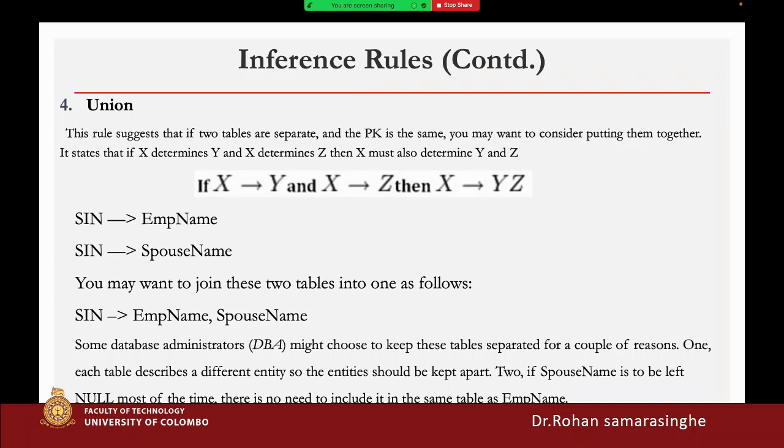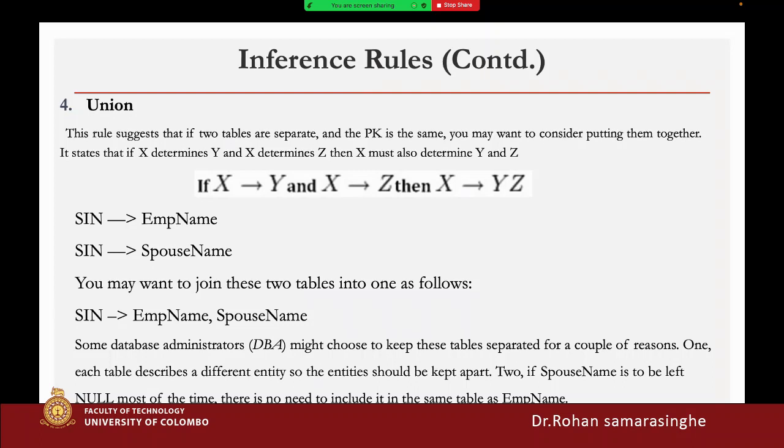One, each table describes a different entity, so the entities should be kept apart.